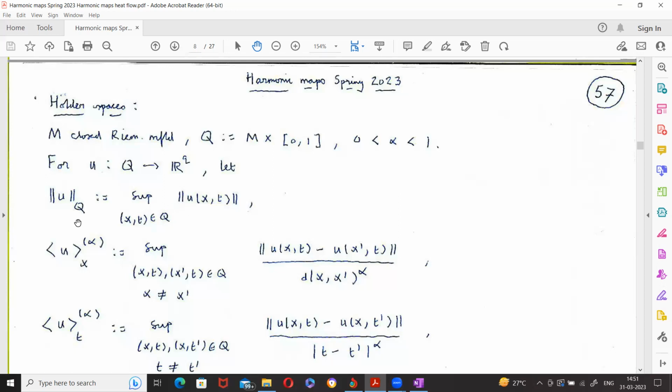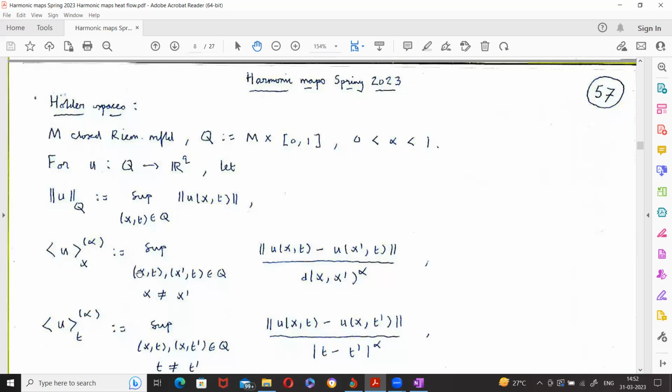Okay. Then we define a sort of partial Holder norm with respect to the space variable. So this is going to be the bracket [u]_x^alpha. So this is like a partial derivative in a sense.